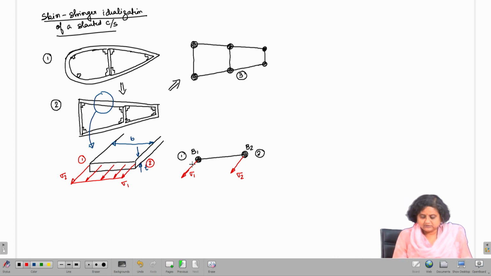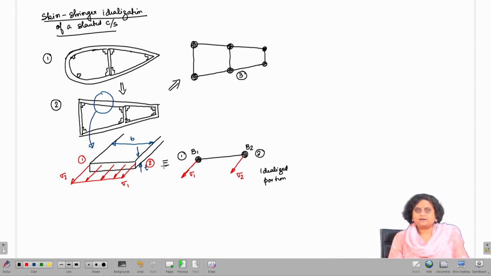So, this is the idealized portion of the entire cross section. The two needs to be equivalent and we need to find out what would be the areas B1 and B2 such that we have the same stress distribution sigma 1 and sigma 2. We will carry on this discussion in the next lecture. Thank you.